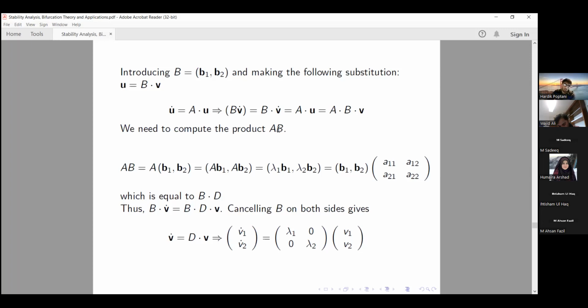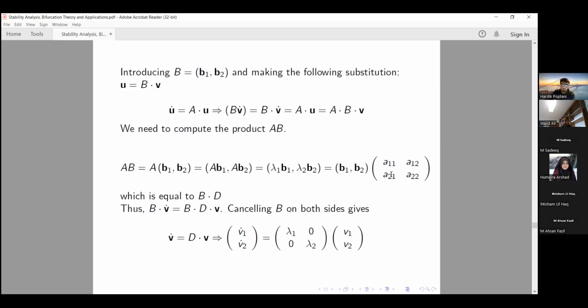It is the matrix A times the eigenvectors, and we can distribute over each one. AB1 equals lambda 1 B1, and AB2 equals lambda 2 B2, because of the eigenvector and eigenvalue definitions. This should be written the other way around, apologies: B1, B2 should be on the right side.